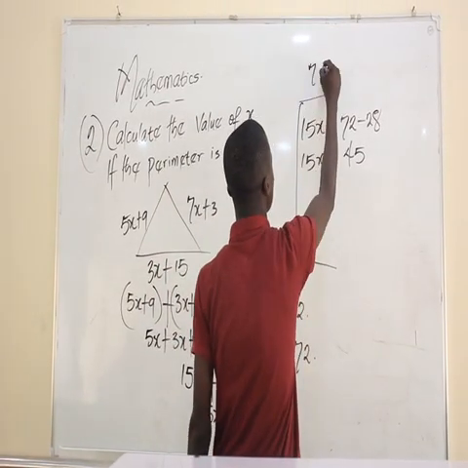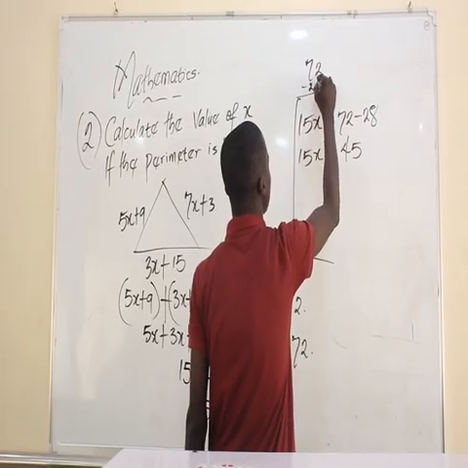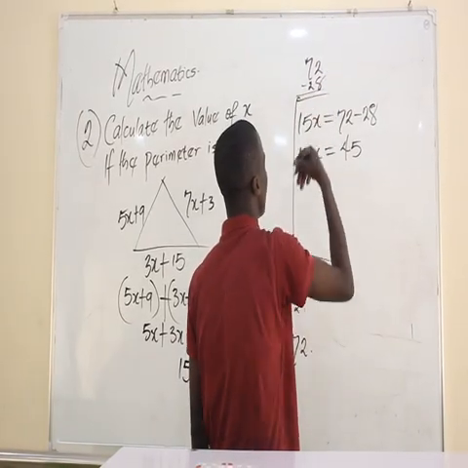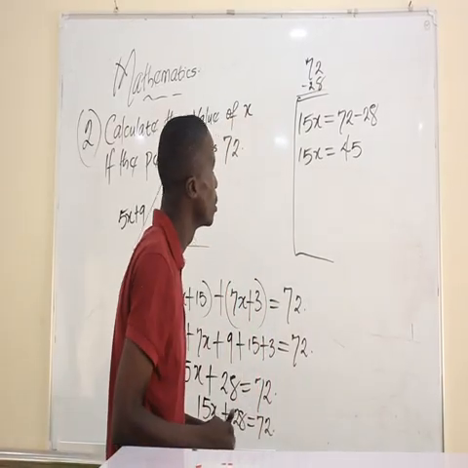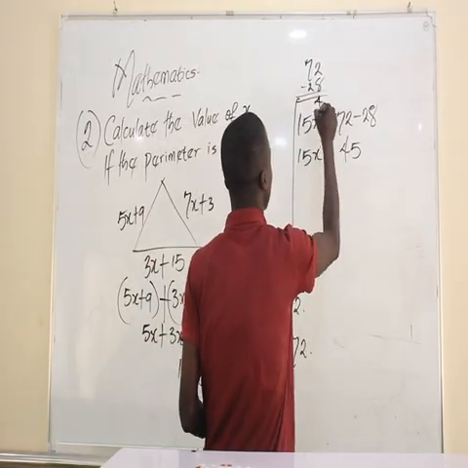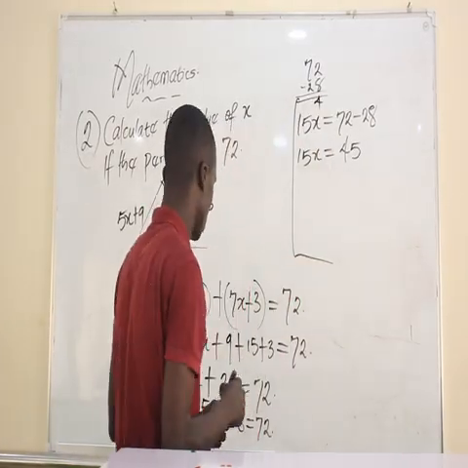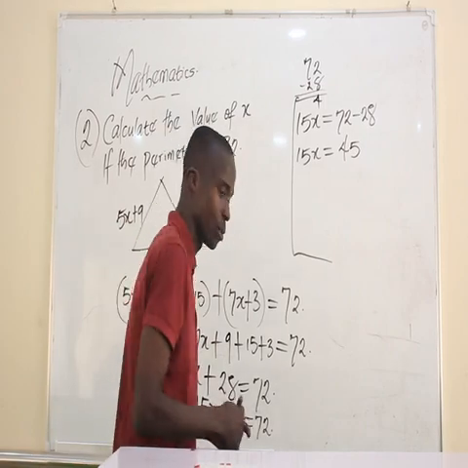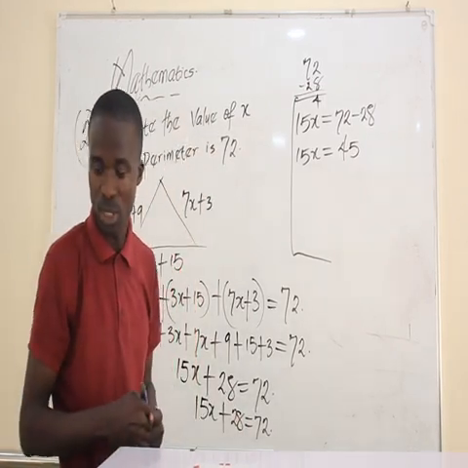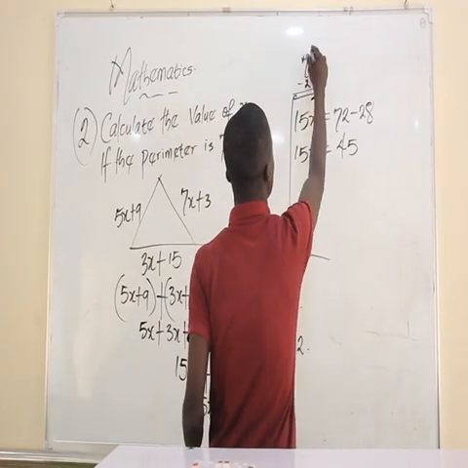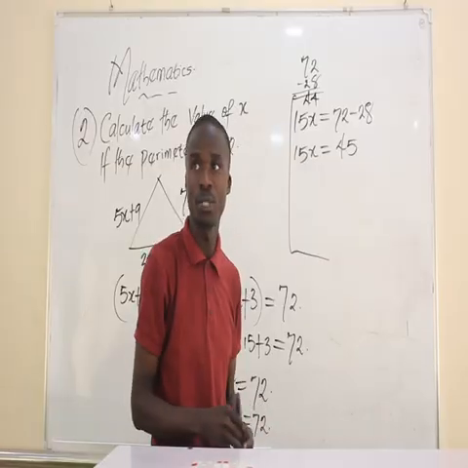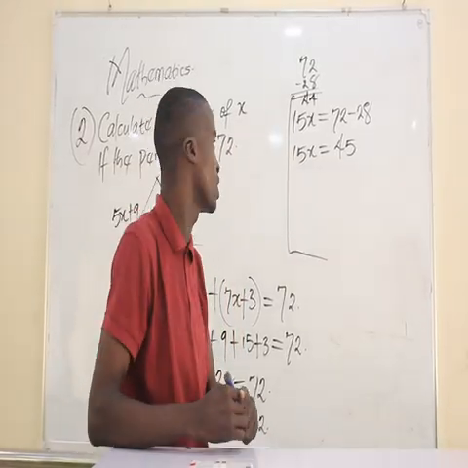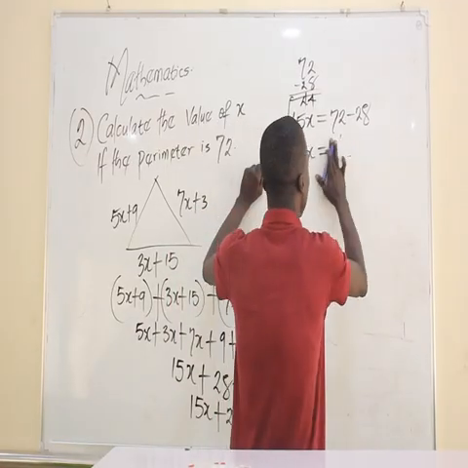Now 72 minus 28. Is it 45? Okay, now this will result to 44. It will result to 44 instead of 45.